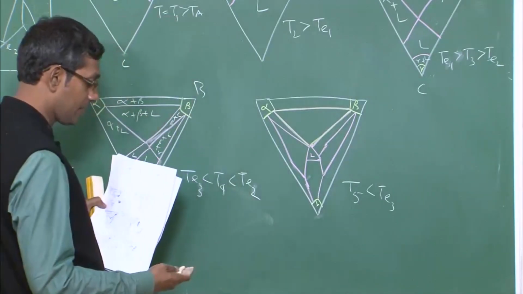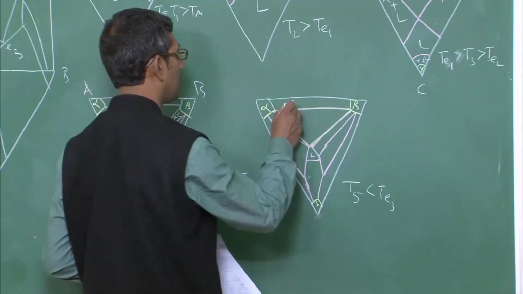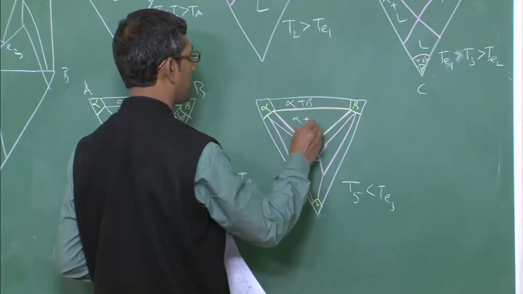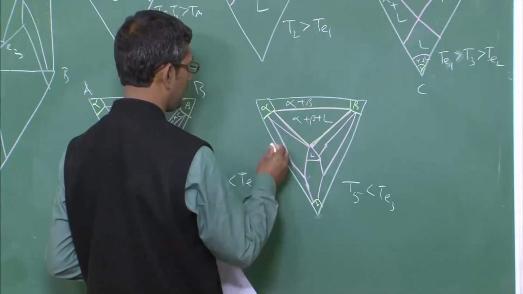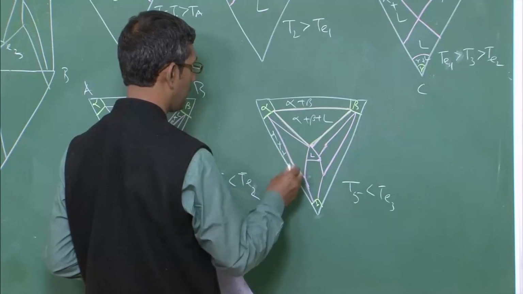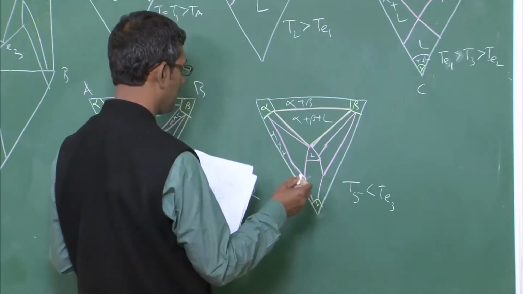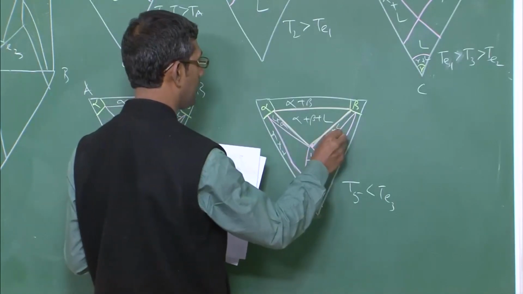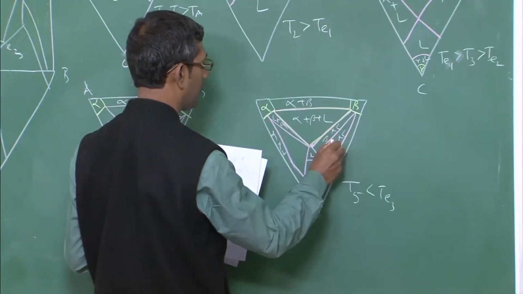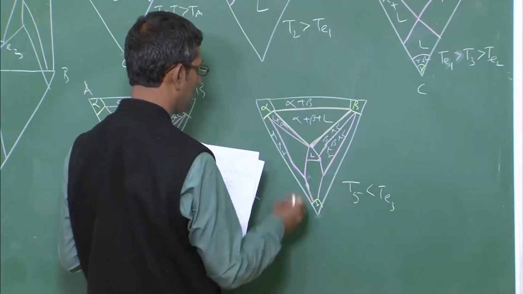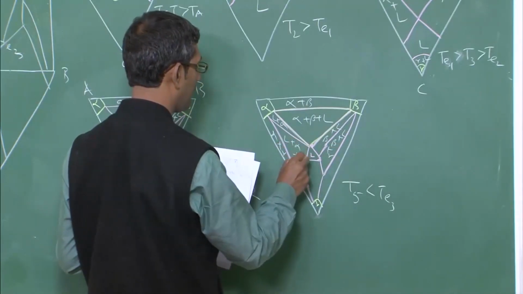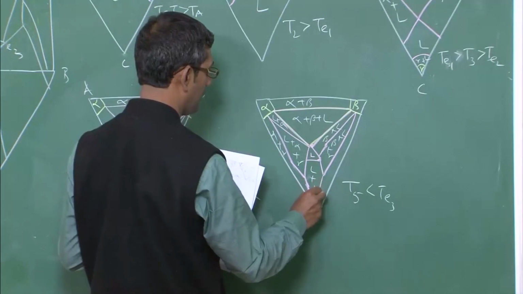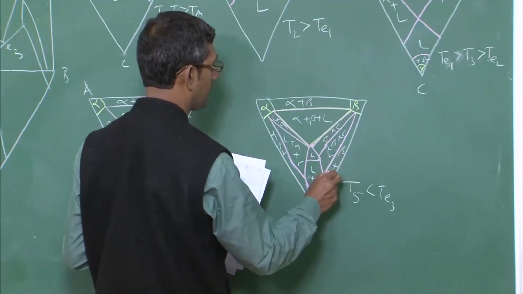Okay. This is the most complex one, alpha plus beta plus liquid, this is alpha plus gamma, this is liquid plus alpha, liquid plus beta plus gamma, this is liquid plus alpha plus gamma, this is liquid plus gamma, beta plus gamma.